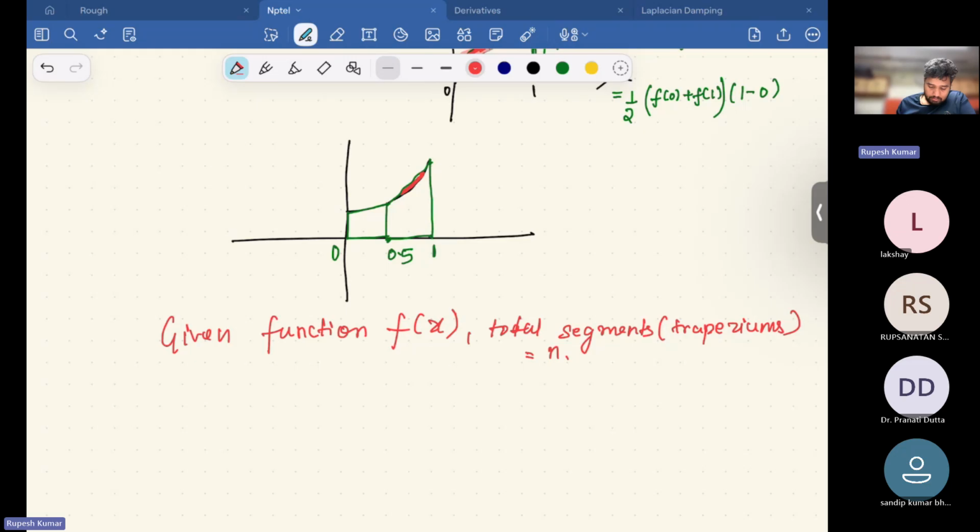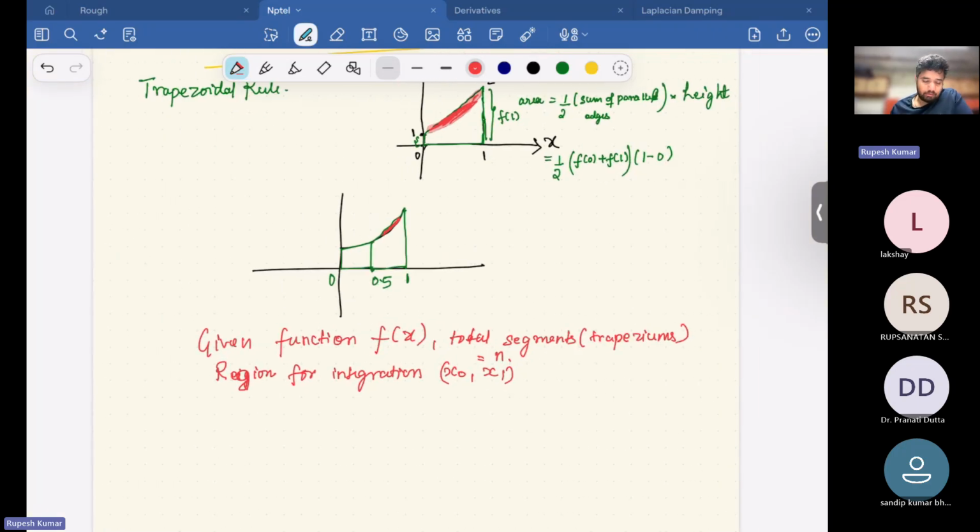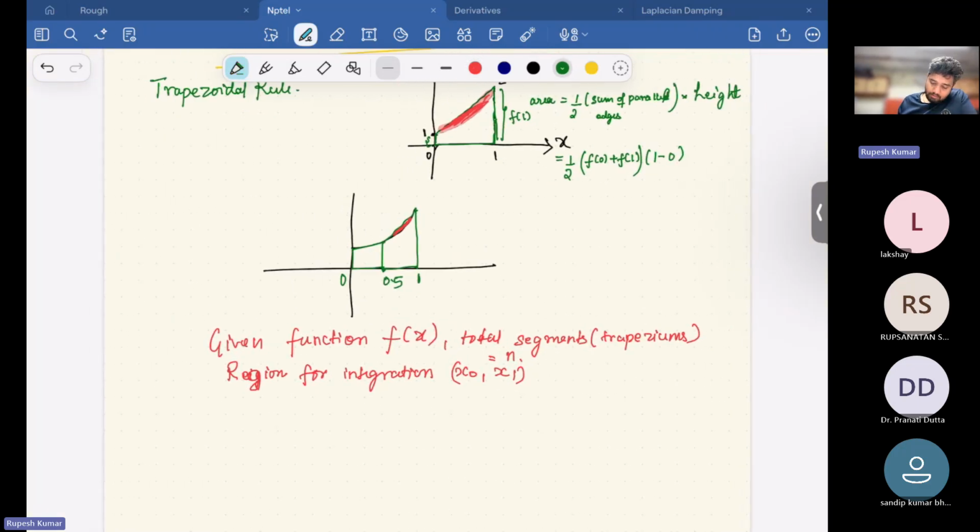And the region for integration, right, x0 comma x1. You can define the algorithm for this, so trapezoidal rule.